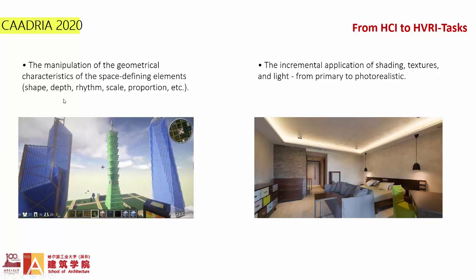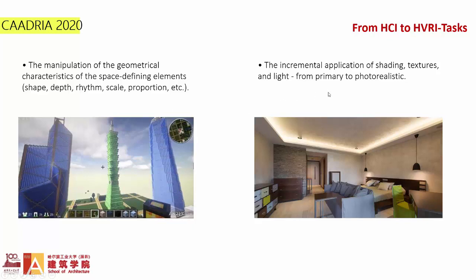So we should have a better understanding of how virtual reality can be achieved in terms of shape, depth, rhythm, scale, and proportion, such that even compared to a 3D screen, you can have much more perception in this area.